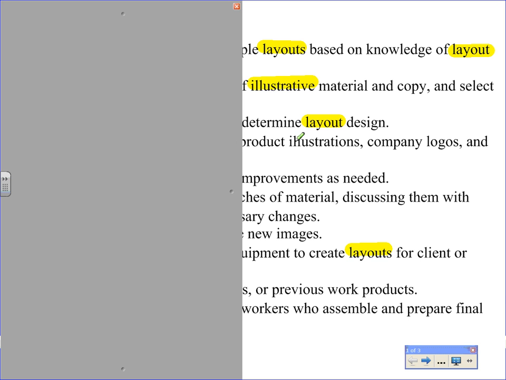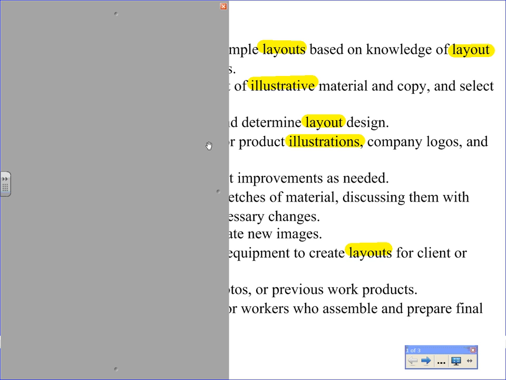Illustrative and illustrations are not the exact same word, but they pretty much mean the same thing, or they refer to the same thing. The word ending is different. Sometimes we call that a derivative. I'm going to go ahead and highlight those. I see material.